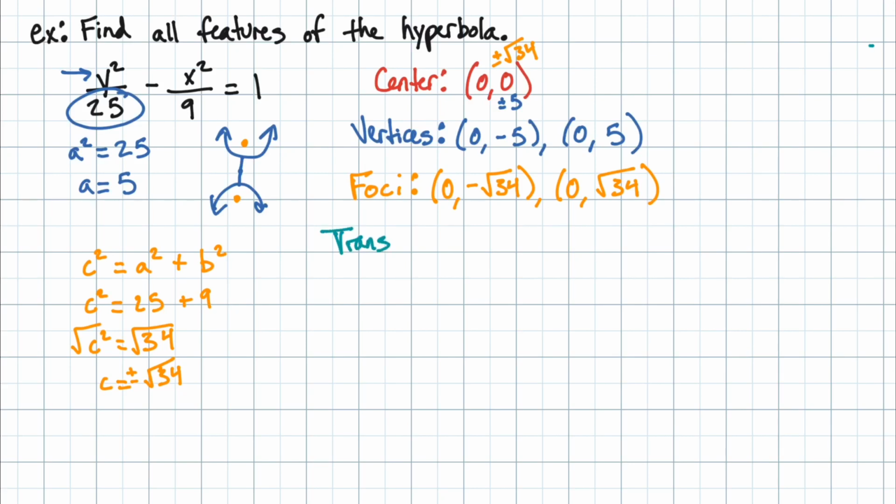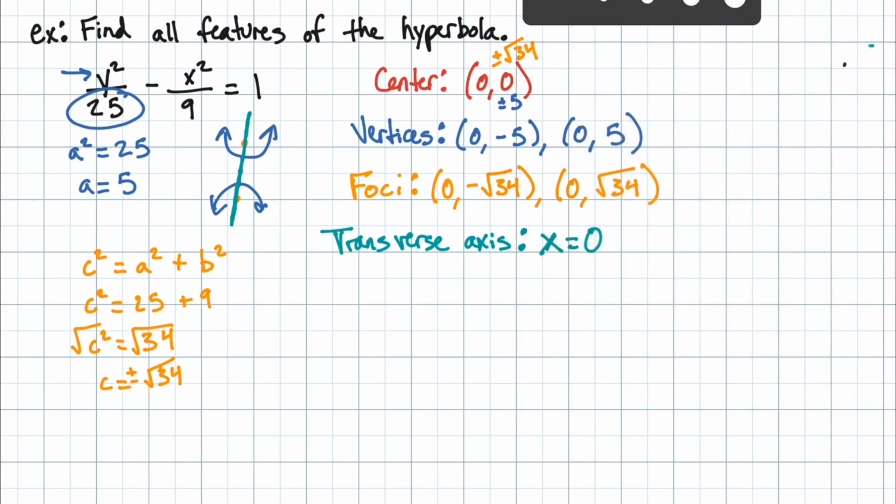So now we want the transverse axis. Well, the transverse axis is the one where all of those fun points lie on. So that's a vertical line, gotcha. The vertical line is an x equals, and it's just the coordinate of the center, so it's 0.